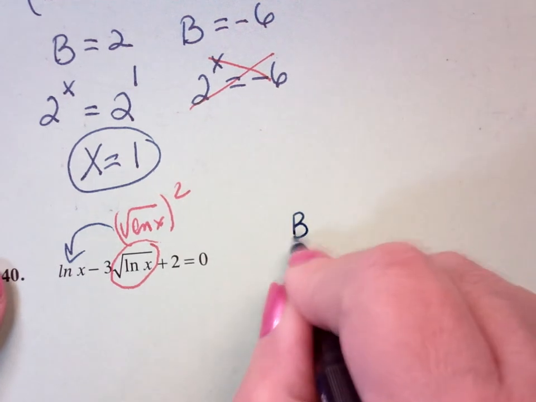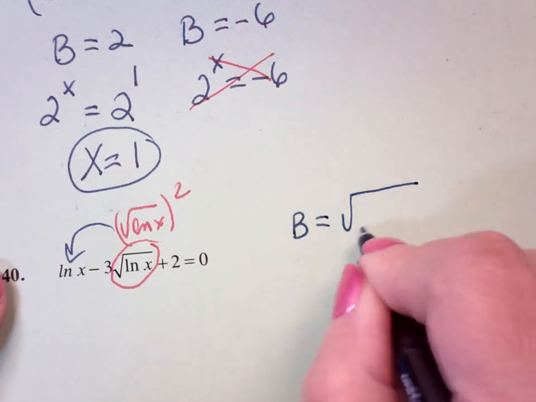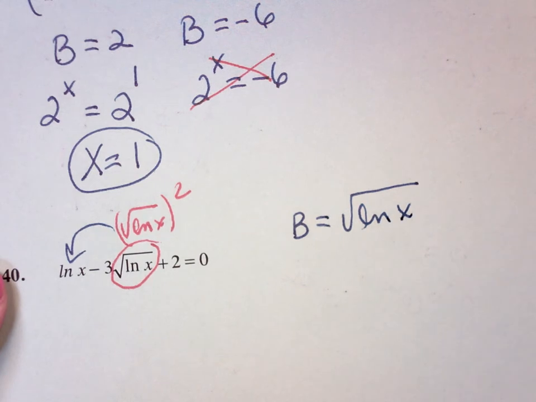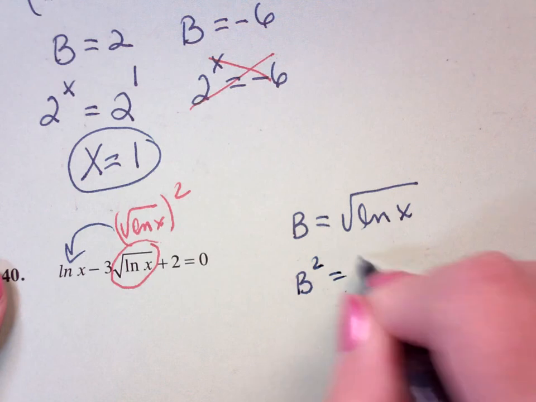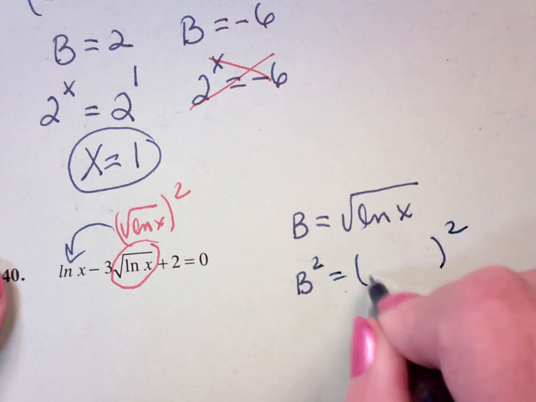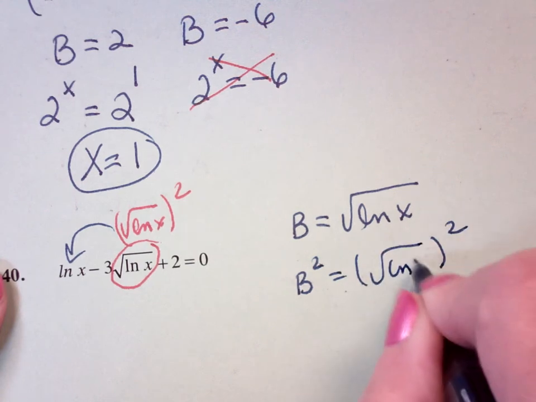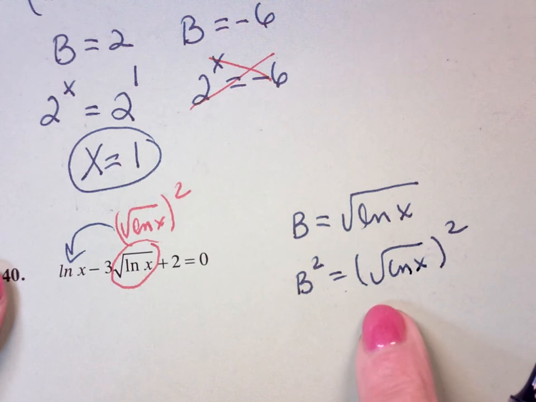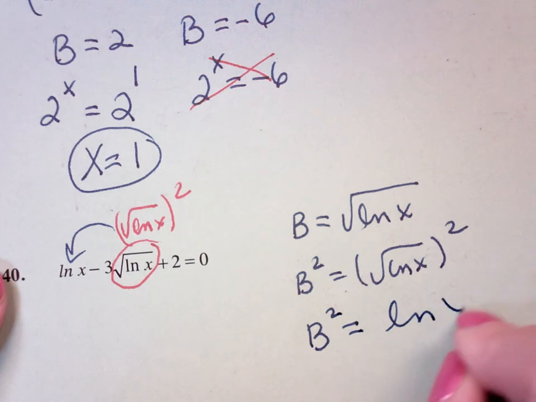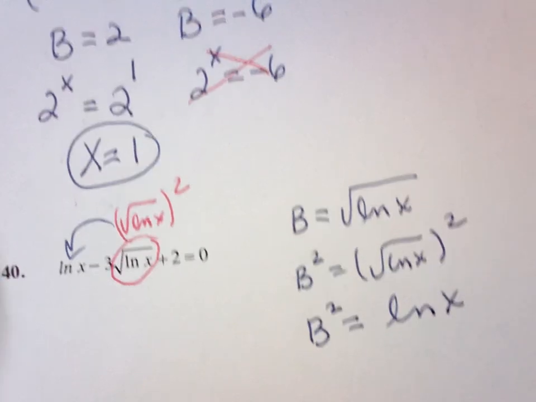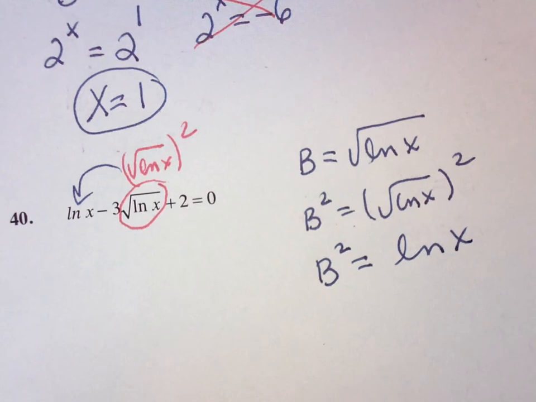So b is equal to the square root of the natural log of x. Now again, I square both sides. So if I square a square root, it removes the radical. So b squared is just the natural log of x. And now you've got your substitution.